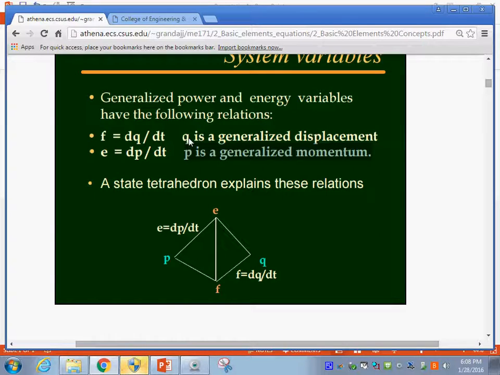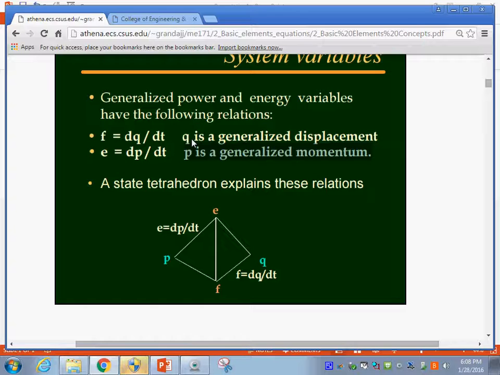If you differentiate the position, you get the velocity, right? So F, which stands for velocity, is dq dt. And E, which stands for force, is the rate of change of momentum, which is dp dt.